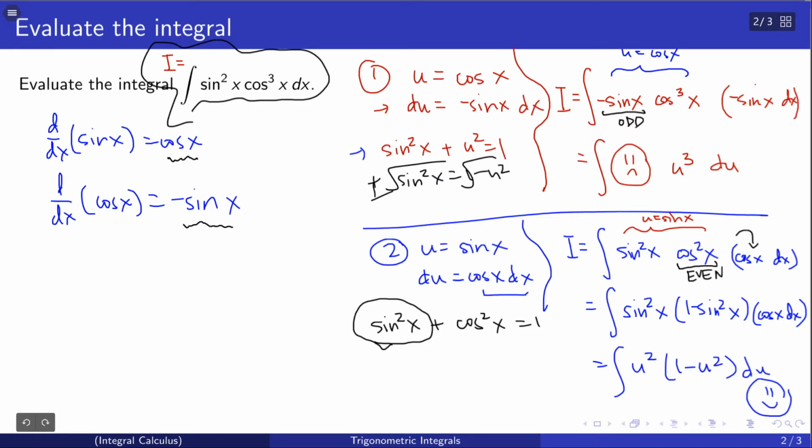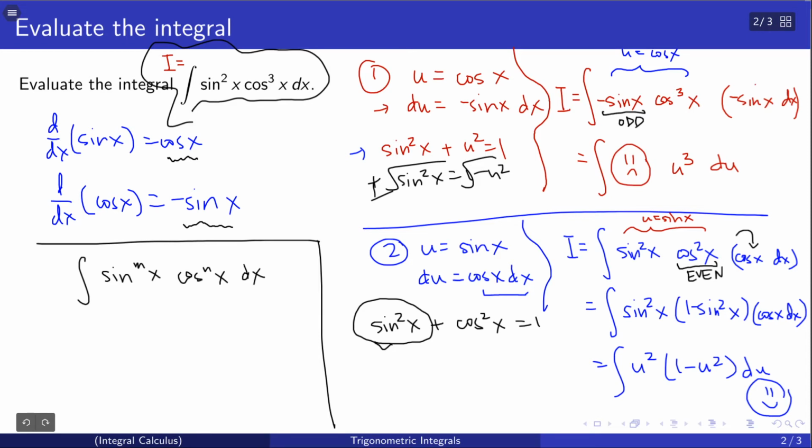And so this tells me that if I have an integral where it's in the form of sine to a power, cosine to another power, then what I really need to do is look at which power is the odd power.